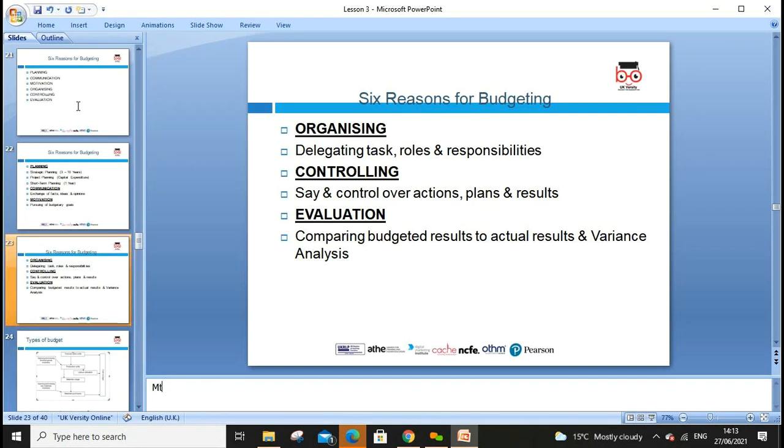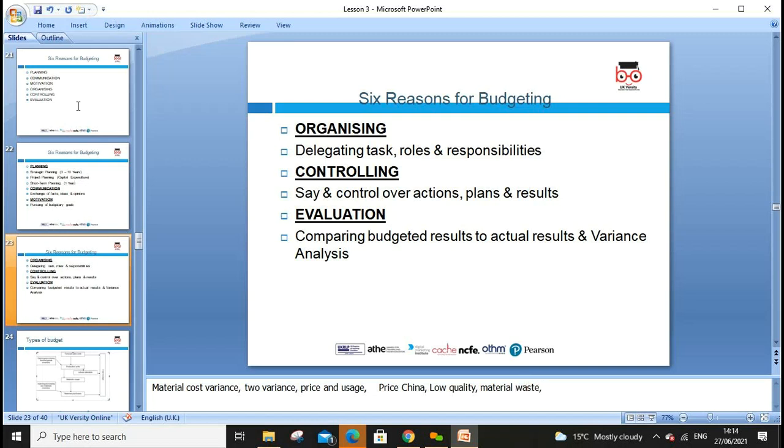Effective evaluation means comparing the budgetary result against the actual result, and we do the variance, and we can find the causes of variance, like material. So we have material cost variance, which has two sub variances: the price variance and the usage variance. So if we get low price material, what will happen if we buy material from, let's say, China, and let's assume it is low quality material?